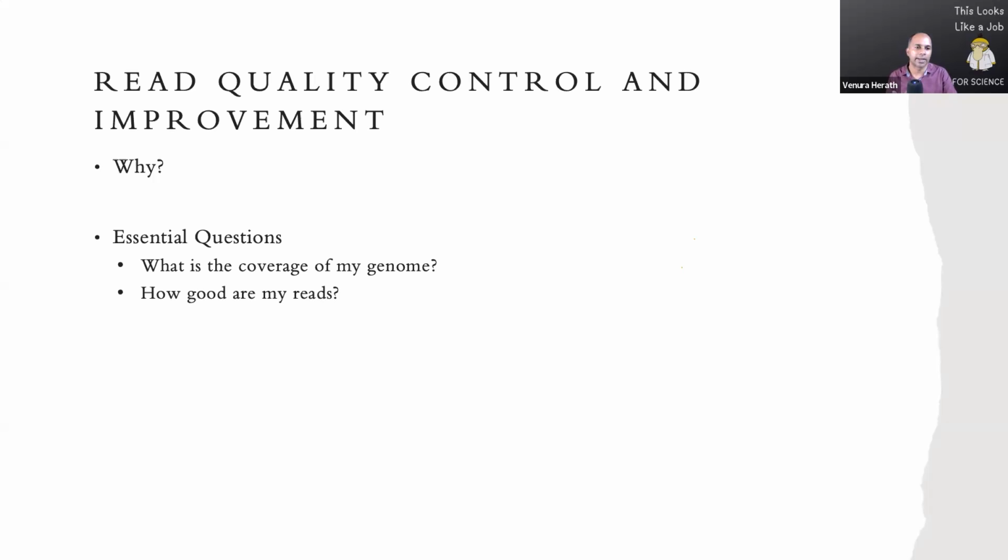Do we need to perform a new sequencing run rather than using our current data set, or can we salvage our sequencing if it's bad?